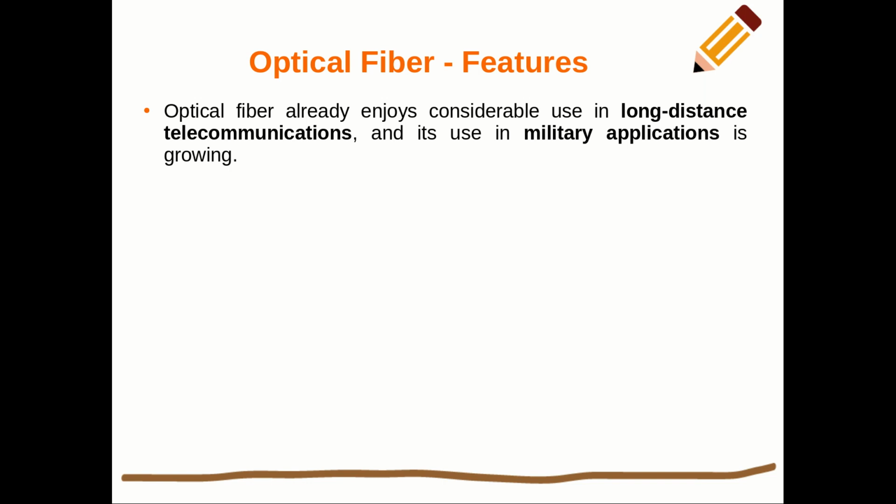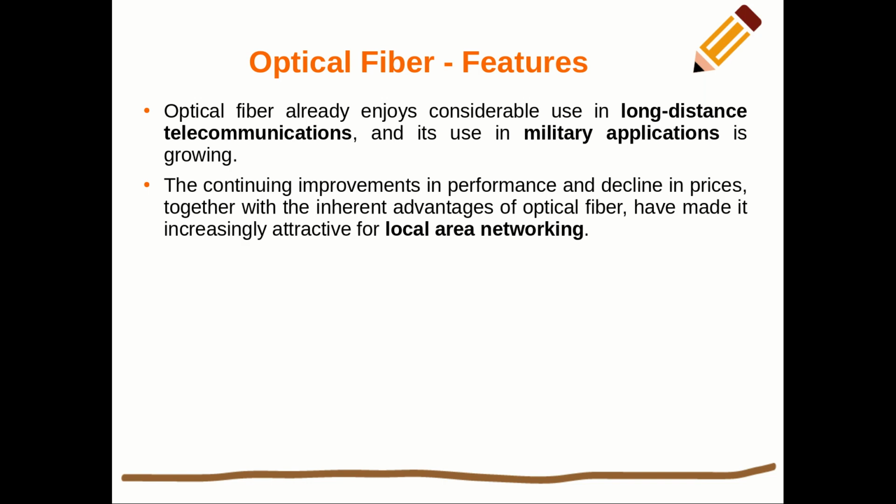It provides maximum distance communication, and also security. It is difficult for an intruder to tap the cable and take the information, so it is always preferred for military applications. The continuing improvements in performance and decline in prices, together with the inherent advantages of optical fiber, have made it increasingly attractive for local area networking.